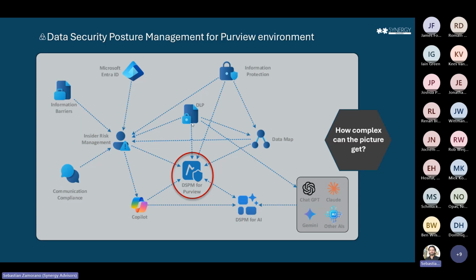The same happens with DLP. We can start viewing some odd behaviors related to people removing a label, people trying to share something, printing a big volume, and that is not the normal behavior for sensitive data.